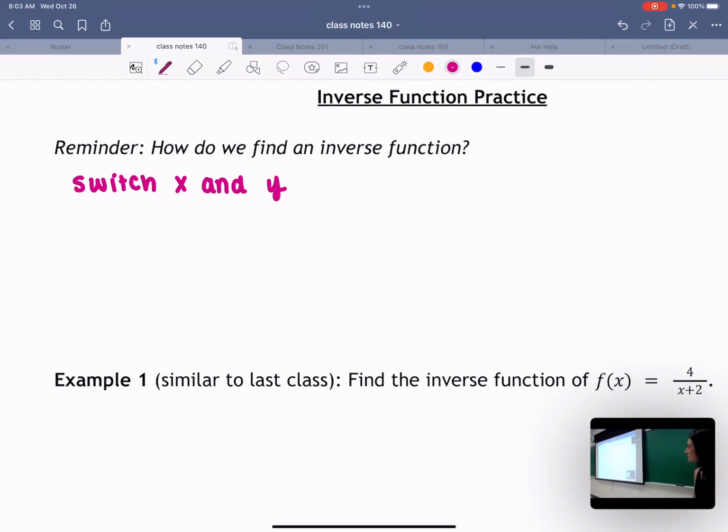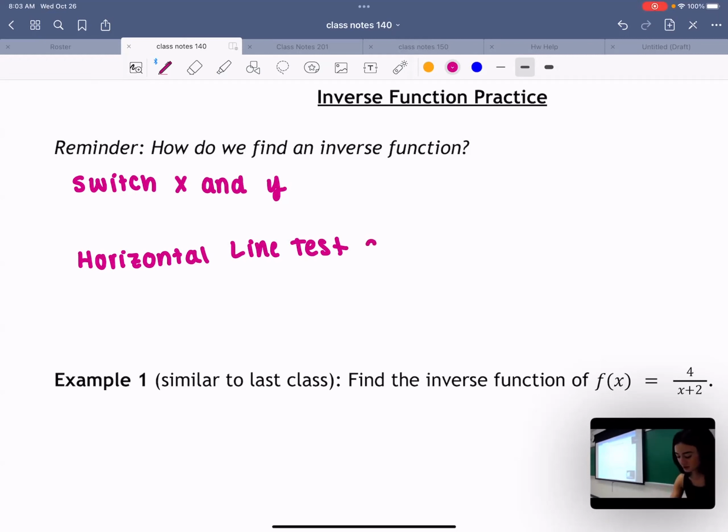Who remembers how to tell if something has an inverse function? We had the graph. Horizontal line test, right? So we introduced the idea of not just the vertical line test, but the horizontal line test. And that test basically figured out if a function had an inverse or if it didn't.